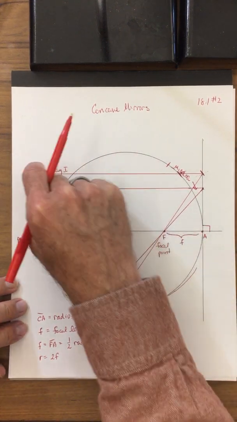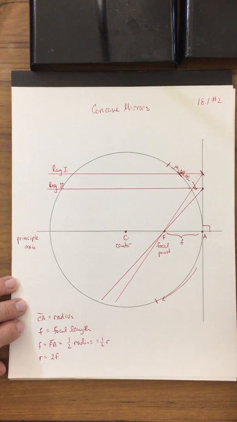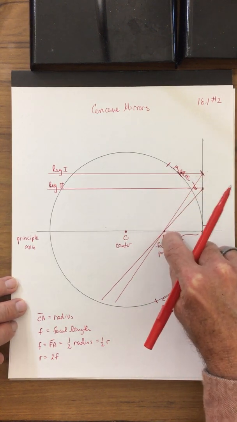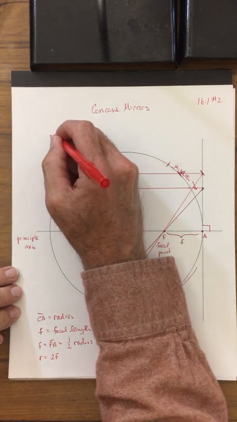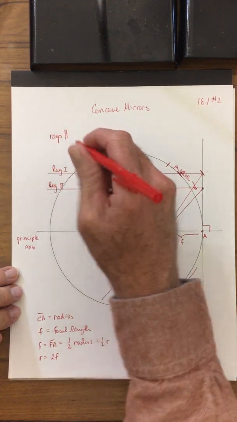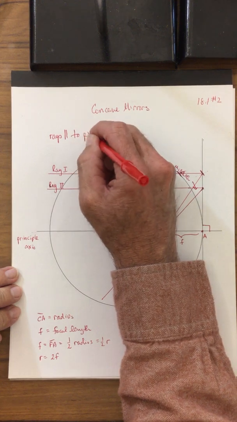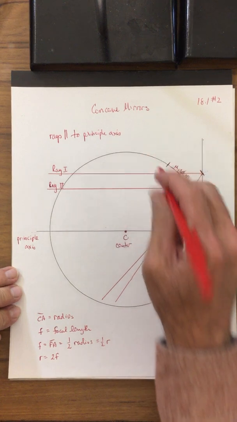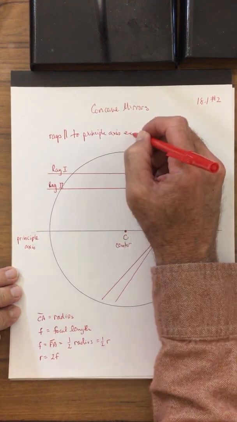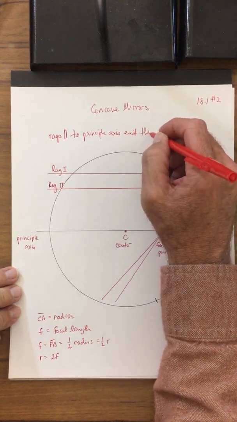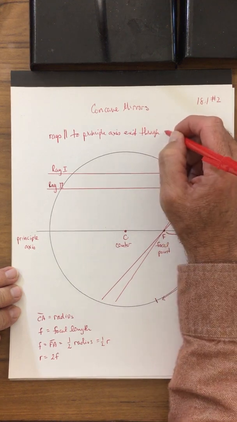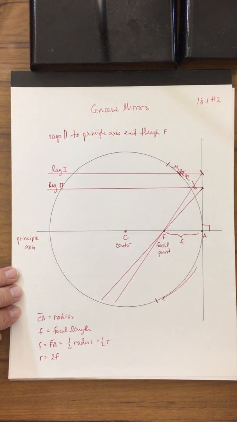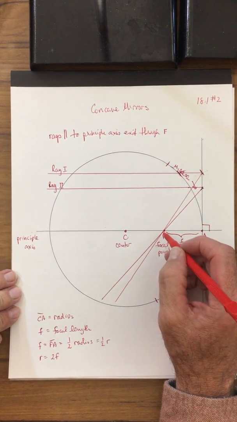There's this concept that parallel rays that come into a concave mirror are going to meet at the focal point. So rays parallel to the principal axis exit through the focal point. That's what is happening right here.